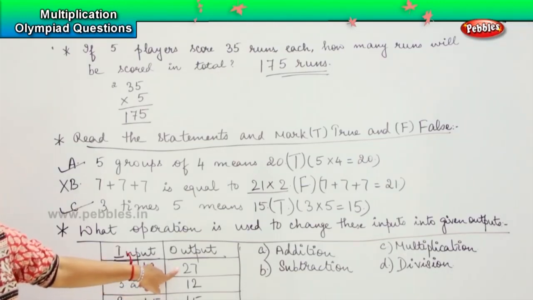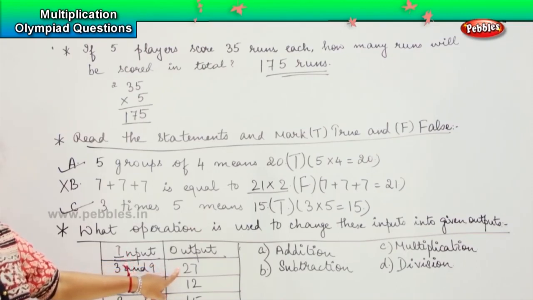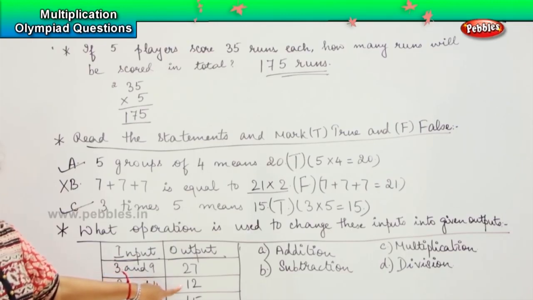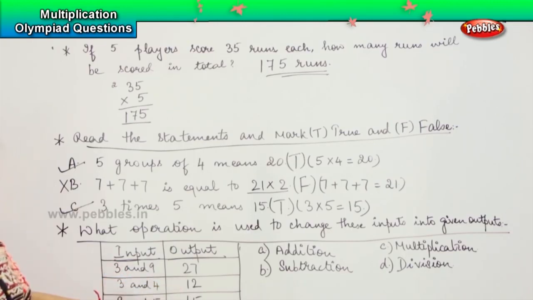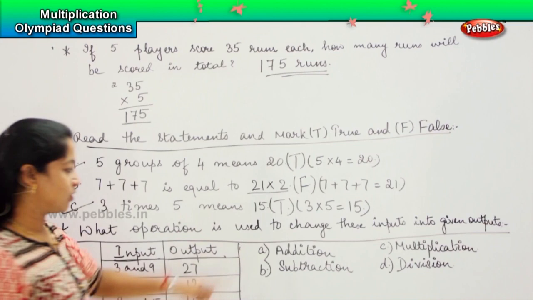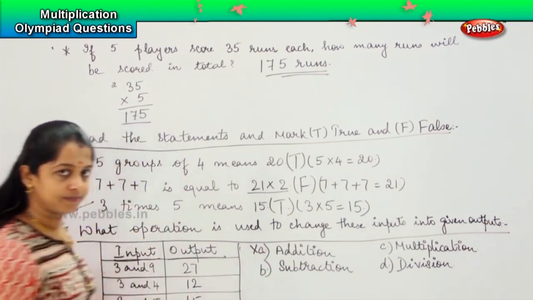Whereas here they have given us 27. So is addition possible here? No. Coming to the next one, 3 and 4. If I add 3 plus 4, it is 7. Again, that is not the output given. 3 and 5. So 3 plus 5 is how much? 8, which is not matching.